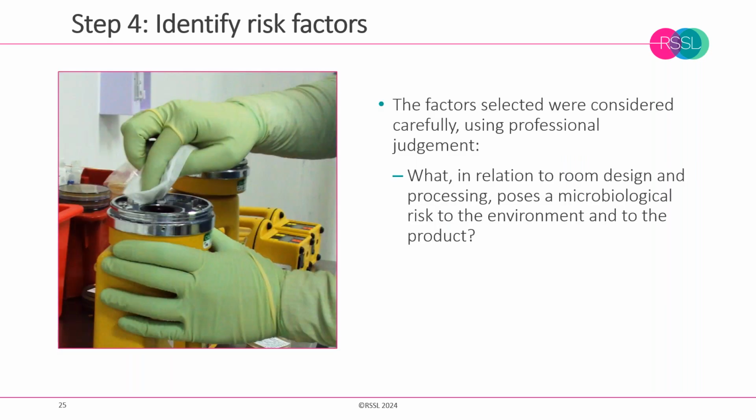So the next thing we need to do is identify the risk factors for each clean room, because we're going to have different types of clean rooms used for different purposes throughout grade C, D, or in control not classified environments. And in this particular case study, there were 10 risk factors that were identified.